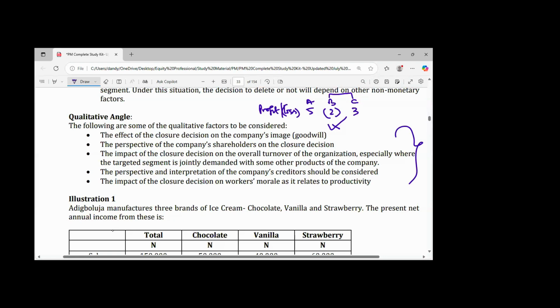So you mention the name of the company when you are stating your qualitative factors. You also link it with the particular segment that the company is thinking about closing down. So don't make it too generic. Link it. Don't cram and dump it on the examiner. No, it doesn't work that way. You will not earn full marks.